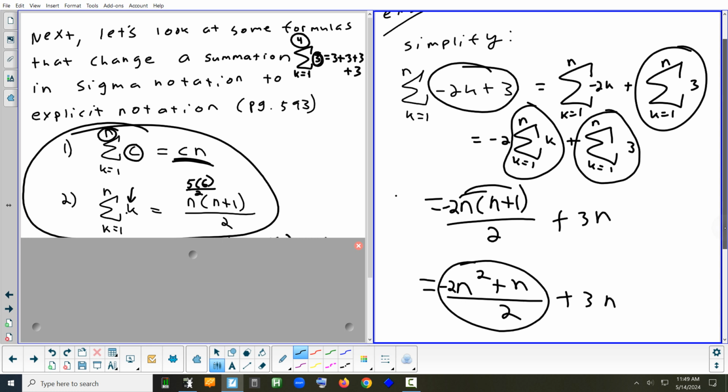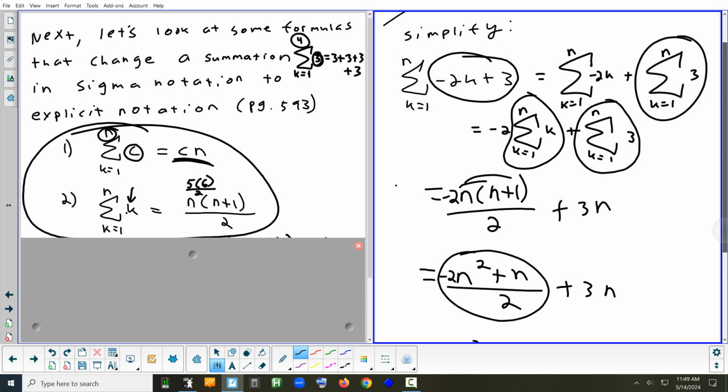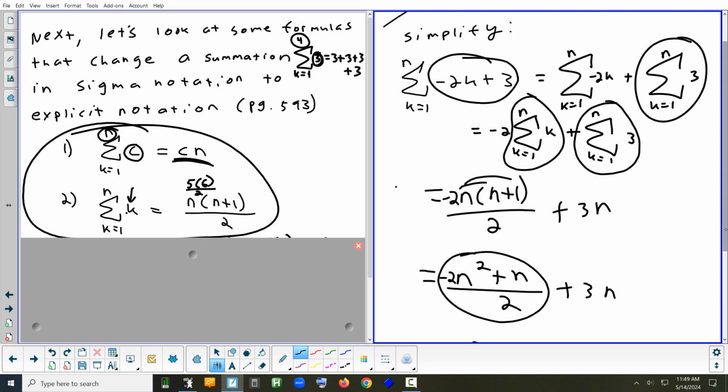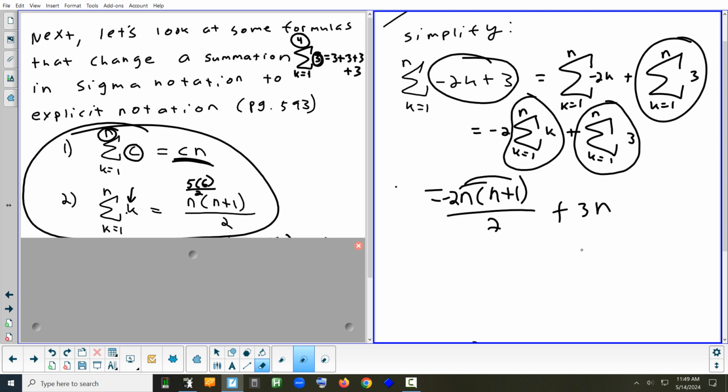So what would happen now, because we have that, let me fix it from this step down. Because we have a negative 2 in front and we have a 2 in the bottom, what's going to happen to the 2's? Yeah. The 2's are actually going to cancel. So I made a mistake and didn't copy that down.